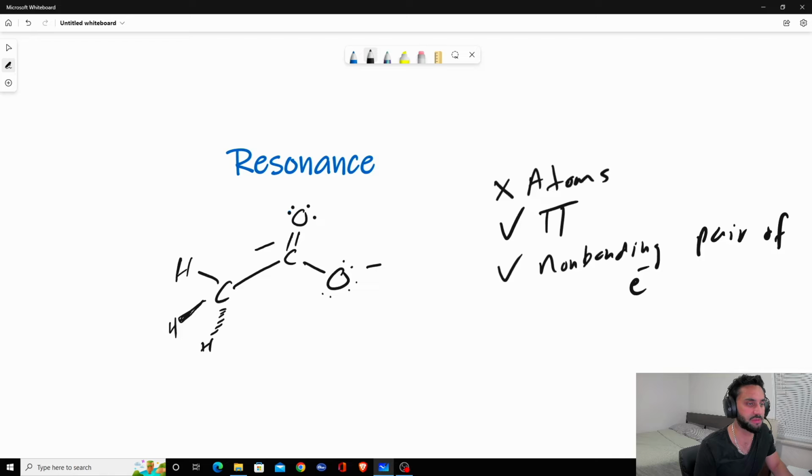So here's the pi system, which makes up this double bond, and the non-bonding pair of electrons in this molecule on the left, which we call acetate ion, are this, here, and here.